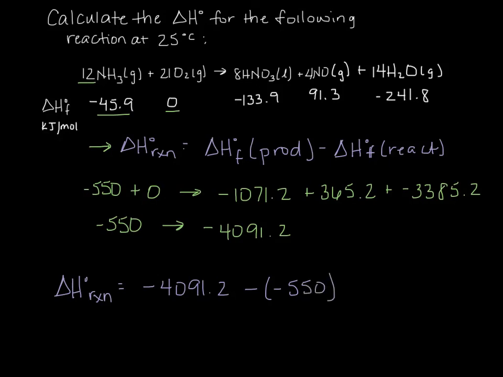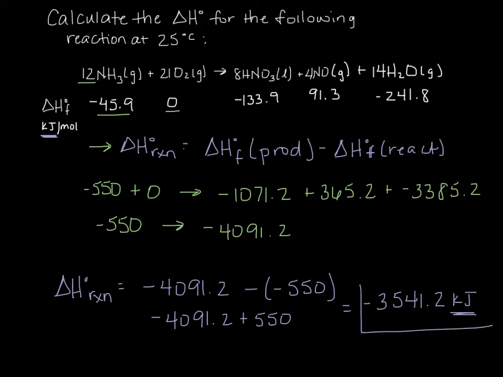So it's really going to be negative 4091.2 plus 550, which is going to give me a delta H of reaction for my reaction of negative 3,541.2 kilojoules, right? Because my delta H of formation up here was kilojoules, so this also needs to be kilojoules.